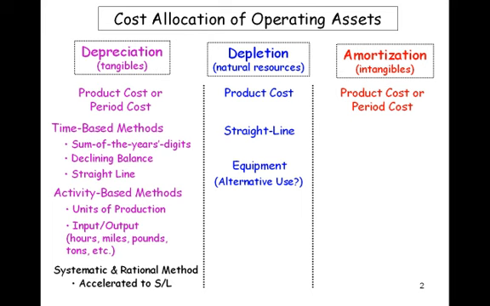Amortization of intangibles can also be a product cost or period cost. Intangibles are amortized on a straight line basis. If a period cost, the amortization is allocated on the basis of time. As previously described, the time can be based on legal life or useful life. It might even be based on the length of a contract.